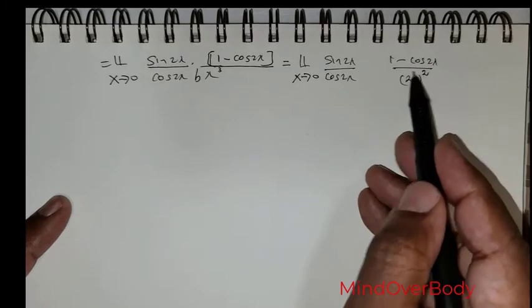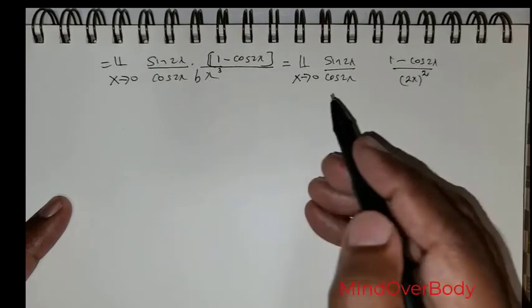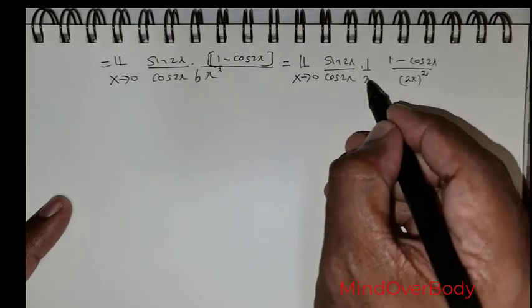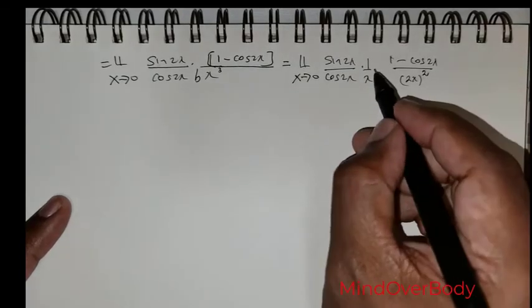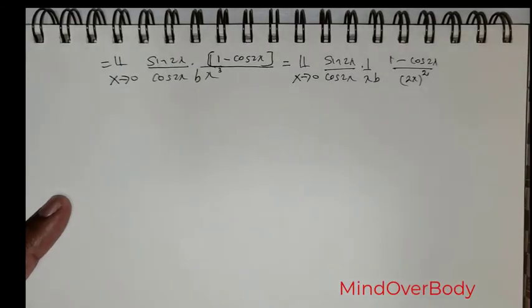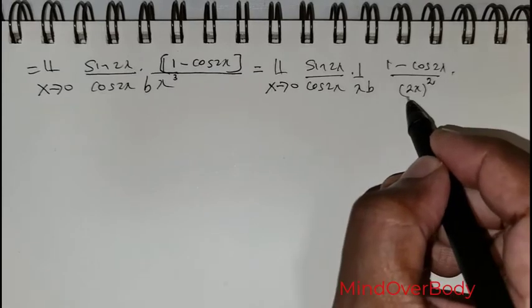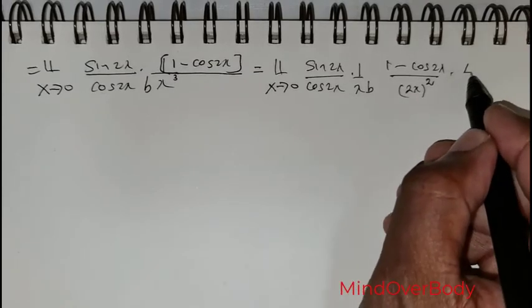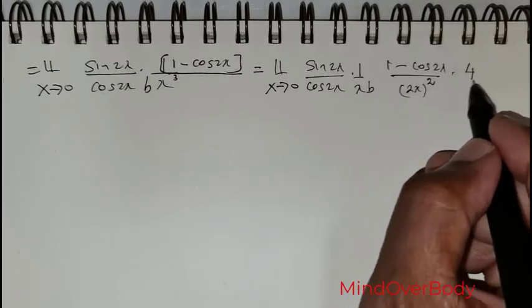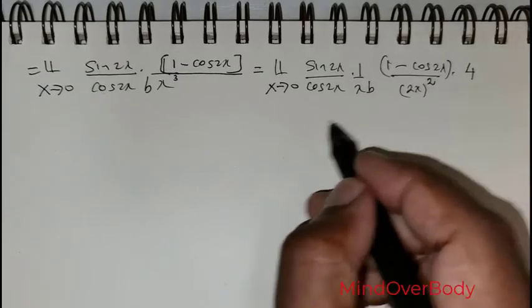So x raised to the power of 2 would give me x squared, but I got x cubed here, so that means I need to place that x there. Of course I got a b there, so I will also add a b to it, and then this 2 squared will give me an additional 4 in the denominator, so I will try to neutralize it by placing 4 in the numerator. So this is what I've got.